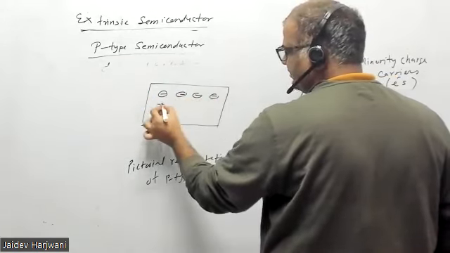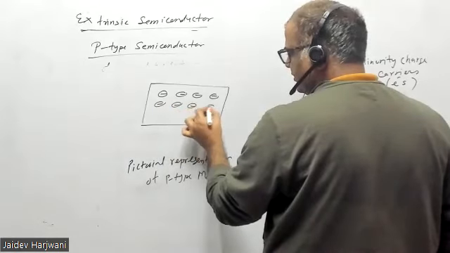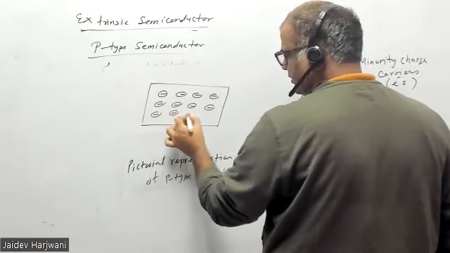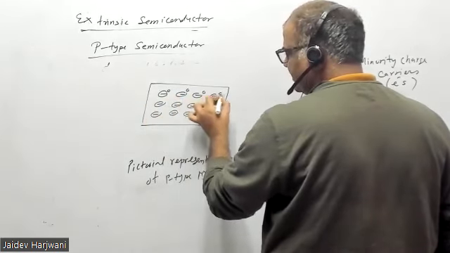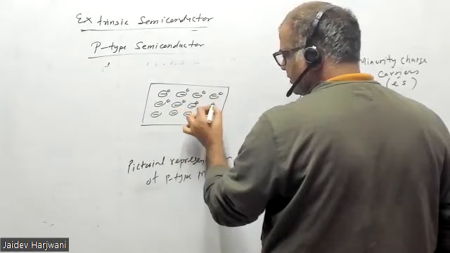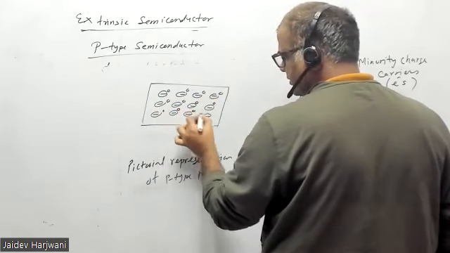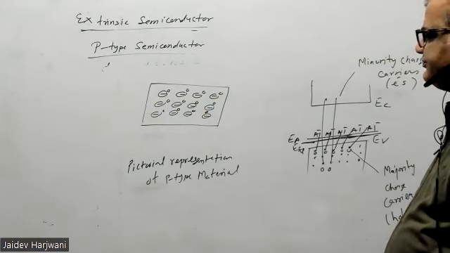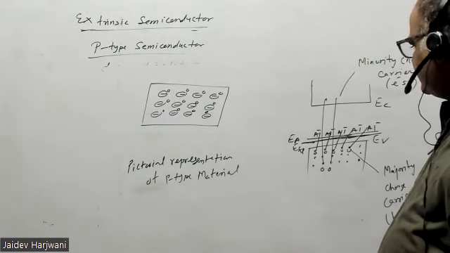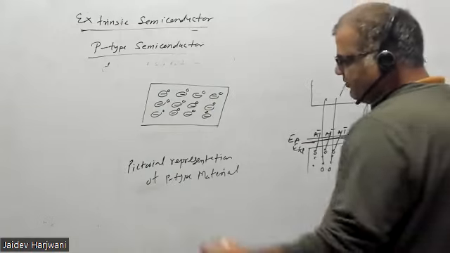Each impurity atom, and you can place one hole here. You can present a hole here. So this is the pictorial representation of p-type material.